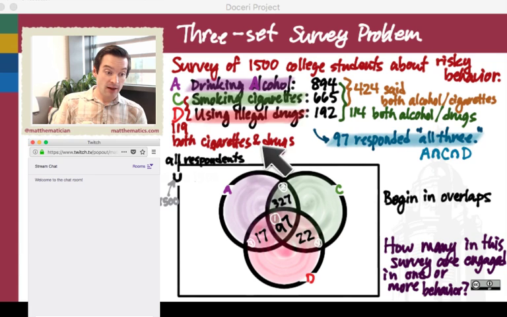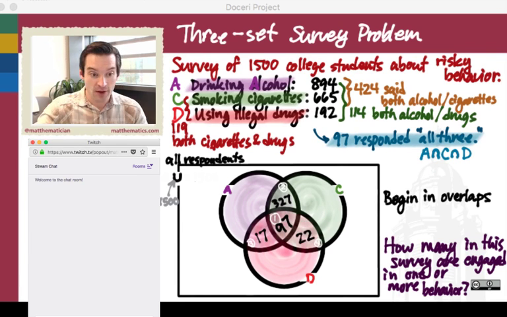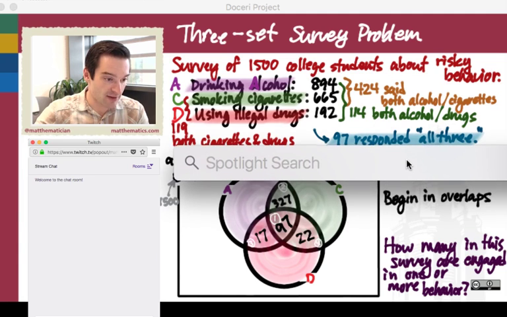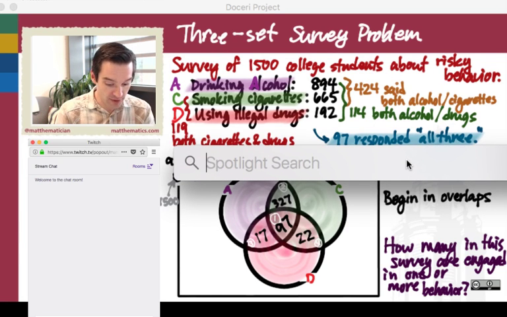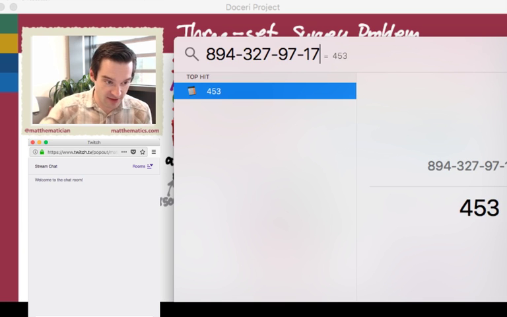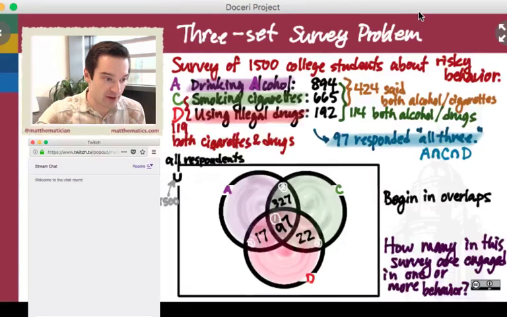So to figure that out, I just have to take away from this 894 everybody who has been counted as part of the cigarettes group also, as part of the drugs group also, and as part of the triple intersection. So I kind of have to do 3 subtractions in order to make this work. I need to subtract 894 minus 327 minus 97 minus 17. So I have to get all of those things.